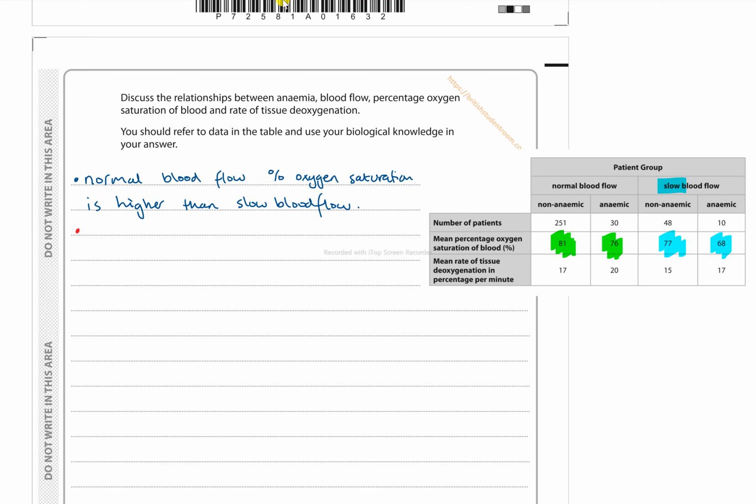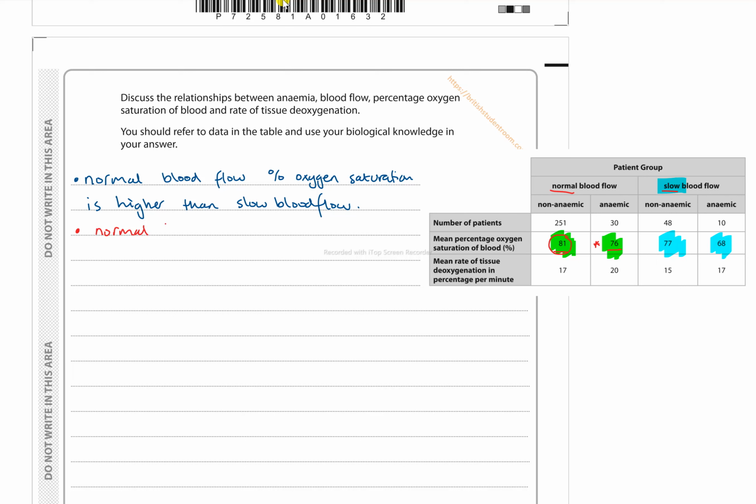So right, normal blood flow, rate of oxygen deoxygenation is higher in non-anemic patients. So in non-anemic patients, the saturation is higher. That means anemic patients lose oxygen quicker, at a quicker rate. So we can write this down. Remember, we started comparing the 2 different groups. Now we're comparing within the group.